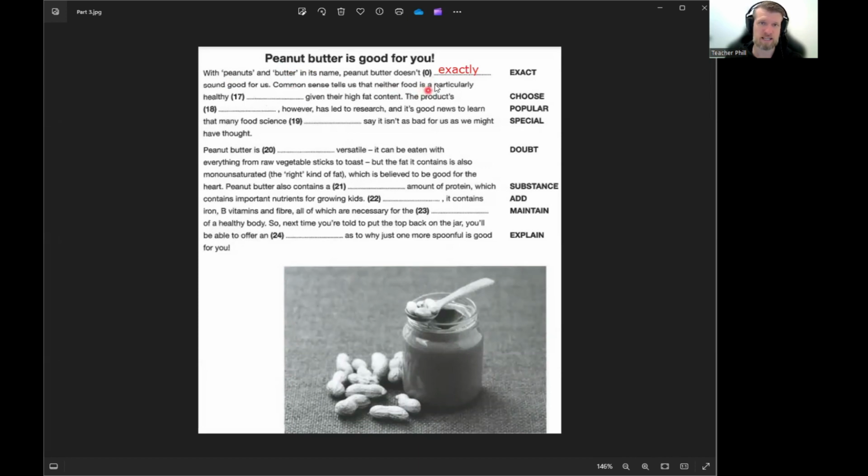As soon as I see an article like this, that tells me that there needs to be a noun somewhere. So here we have an adverb, here we have an adjective, so I'm sure here we need a noun. The verb that we need to use is choose, and the noun is choice. So here I would put choice. And I'm pretty sure about my choice. I think that this is the correct form.